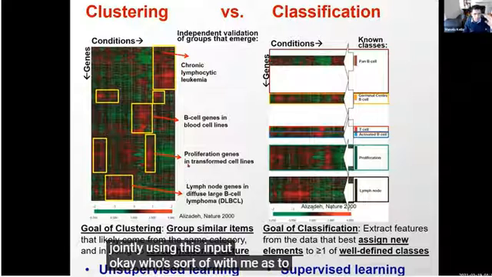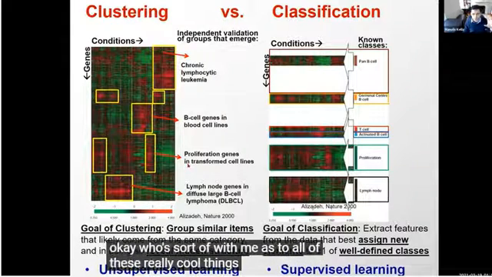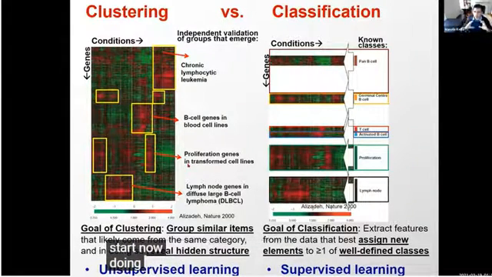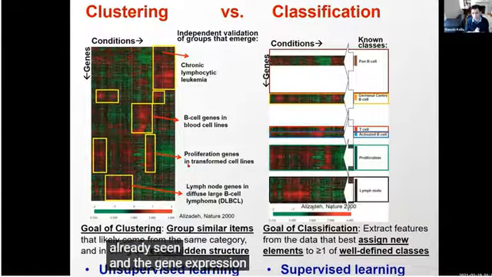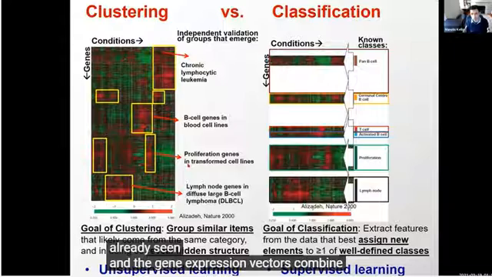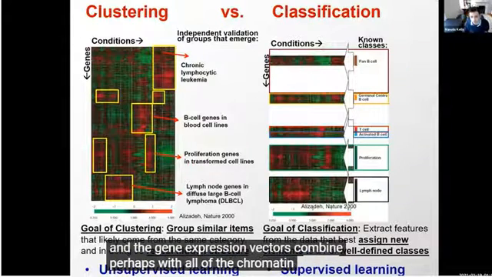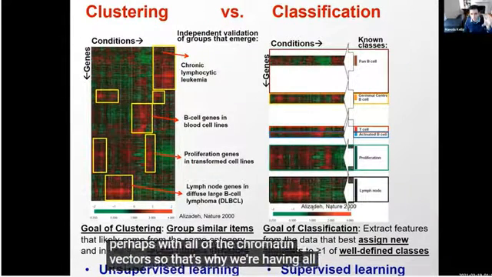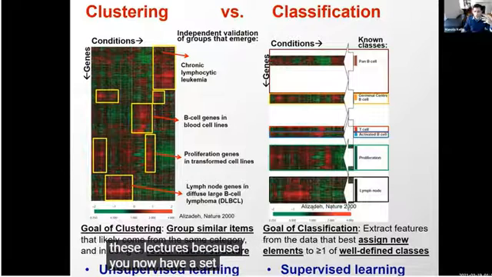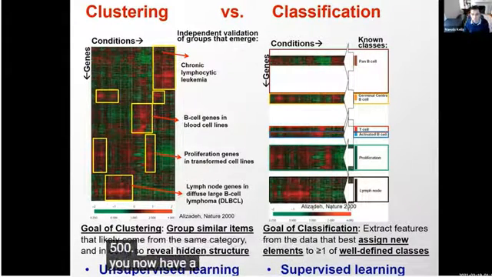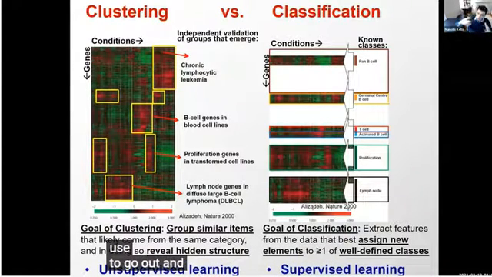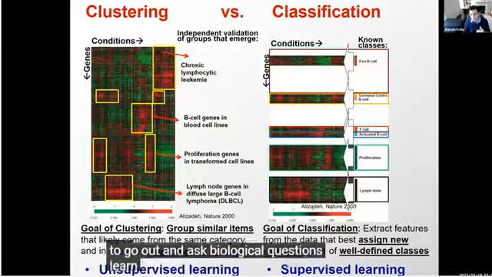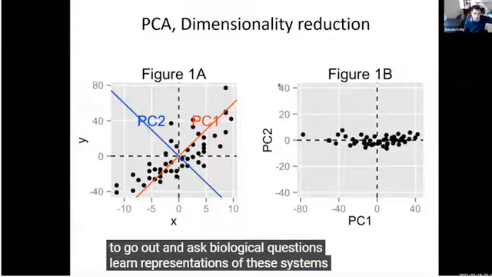Who's sort of with me as to all of these really cool things that I can start now doing using the framework that we have already seen and the gene expression vectors combined perhaps with all of the chromatin vectors. So that's why we're having all these lectures, because you now have a set of tools that you can use to go out and ask biological questions, learn representations of these systems.